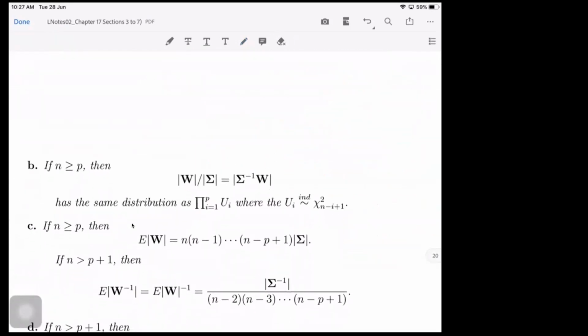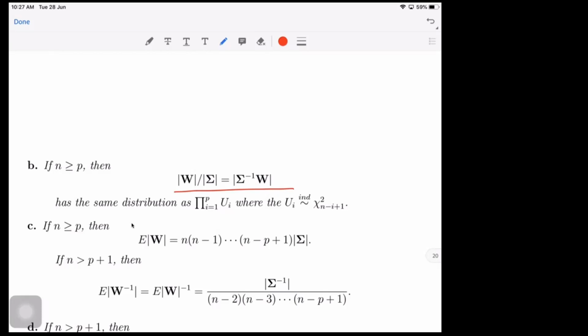Next, if n is greater than or equal to p, then the ratio of the norm of, or this is not, more or less mura siya determinant or absolute value in simple terms, no?